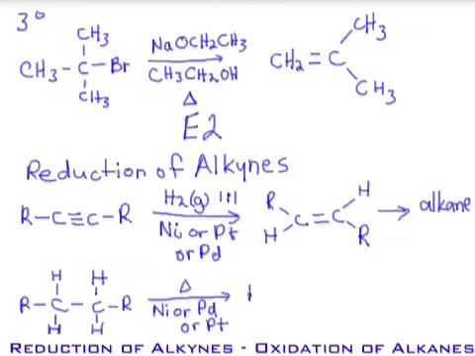And it is possible for it to scavenge both hydrogens and go right through to the alkyne, so you have to be careful. But we can scavenge hydrogens off alkane and make, once again, alkene. Okay, so we get some very interesting reactions taking place using the catalyst nickel, palladium, or platinum.